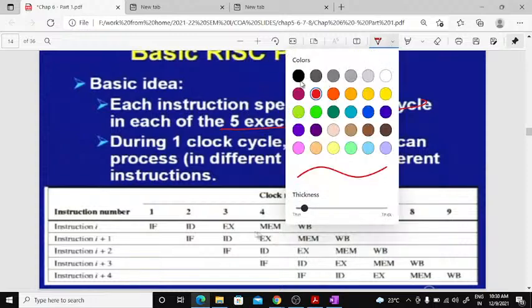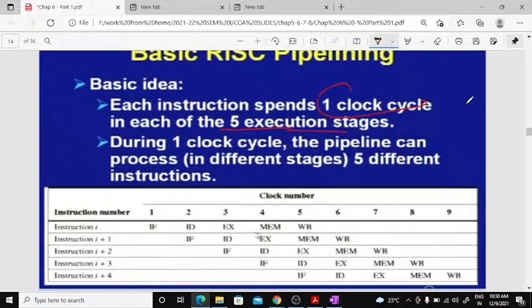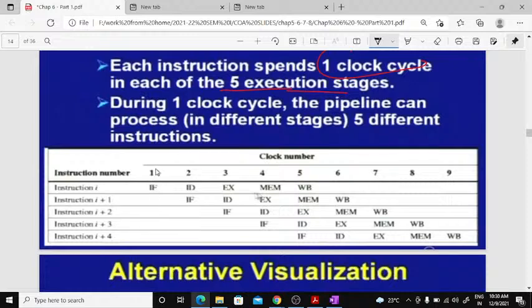So here you can observe each instruction, like instruction I, then instruction I plus 1, I plus 2, I plus 3, I plus 4. There are 5 instructions, and with respect to the clock, during clock cycle 1, instruction 1 is fetched. During clock cycle 2, instruction 1 is in the decoding stage.